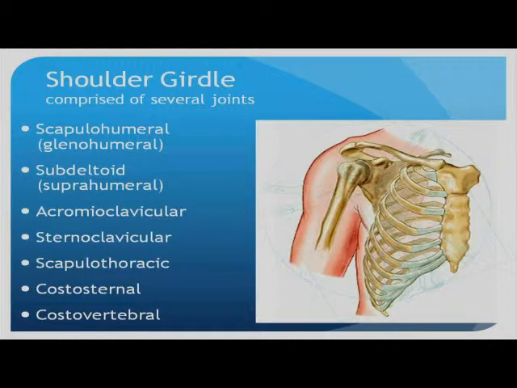But the rest of the shoulder girdle also involves all these other regions, and most particularly we have to think about the acromioclavicular joint, the sternoclavicular joint, and the scapulothoracic joint. Some authors certainly do also include costosternal and costovertebral, which makes a lot of sense to me, but other sources that you might read will only have the first five.